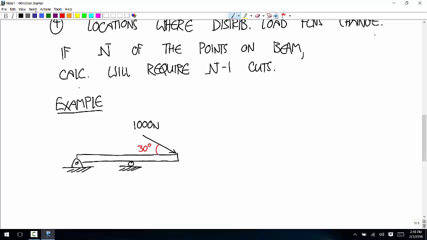And then a torque at the end going this way with a magnitude of 500 Newton meters. What are the internal loads?